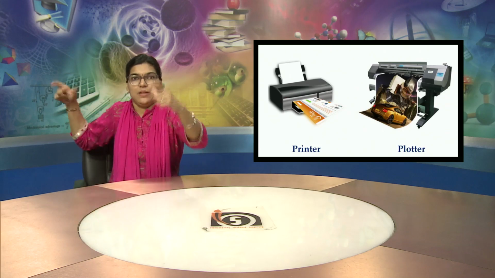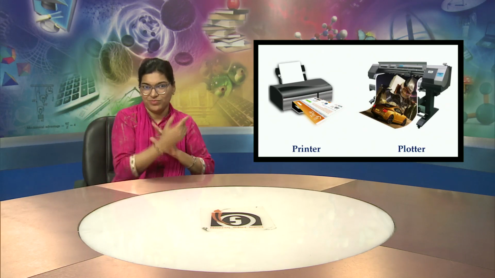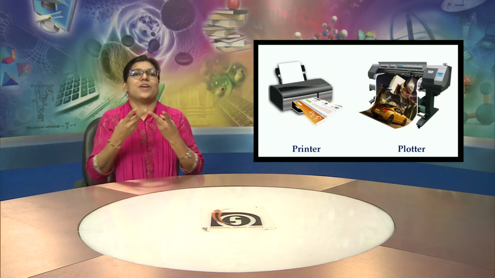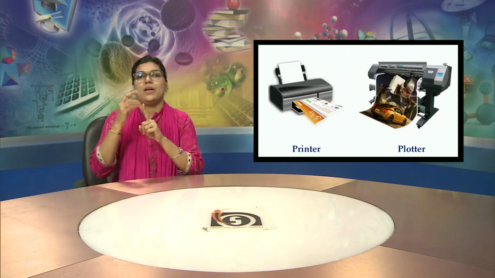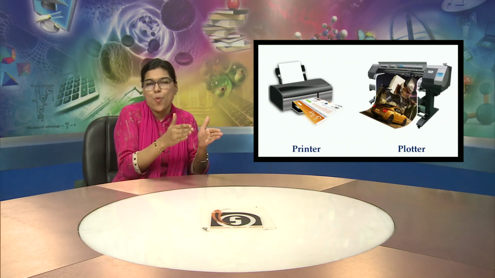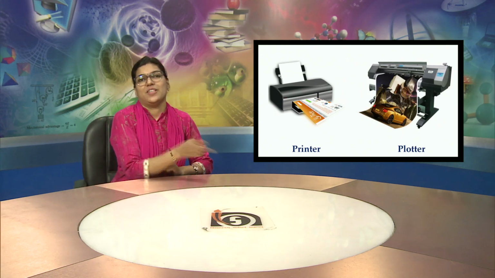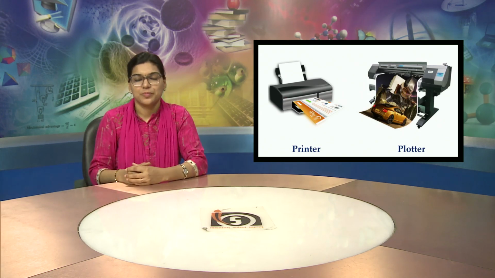So, the plotter is used for printing those big images. So, printer and plotter are two different things. Printer is a smaller device, and plotter is used for printing large images.